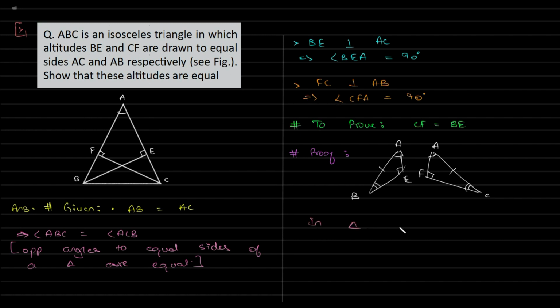In triangle ABE and, I'm thinking of one more way. Wait, this is 90, these two angles are equal. Okay, 90, one more angle. Common side. No, it's the same length of writing.